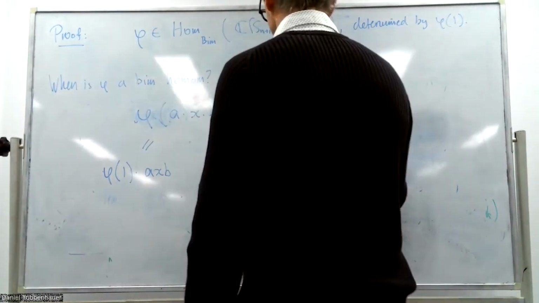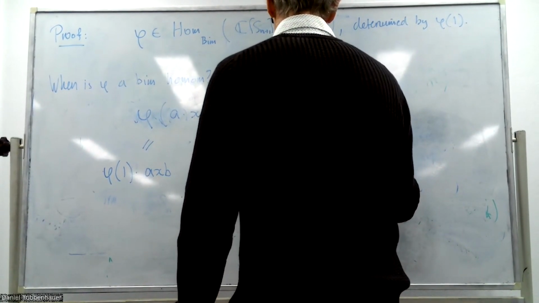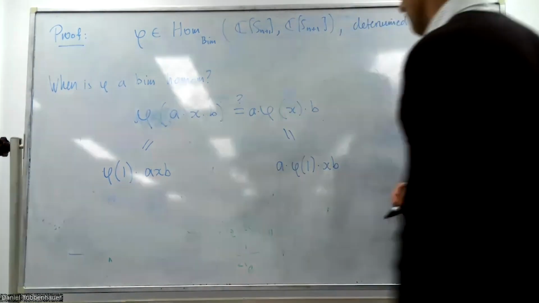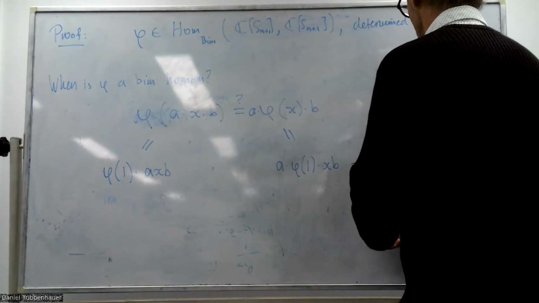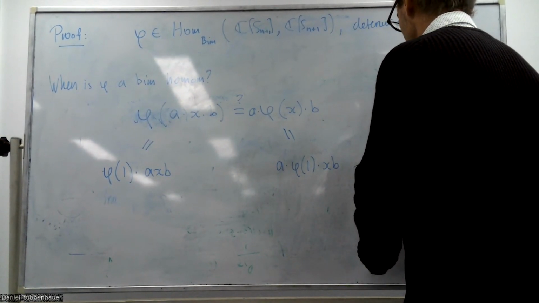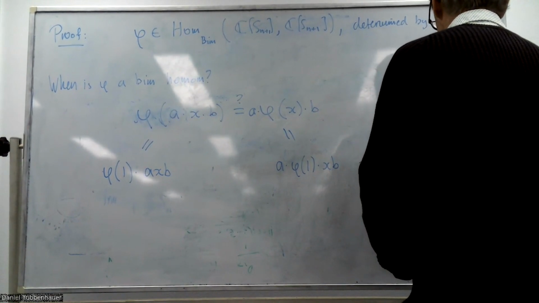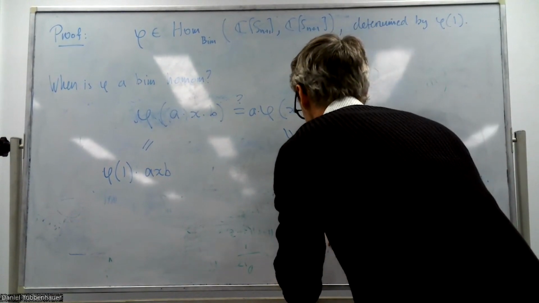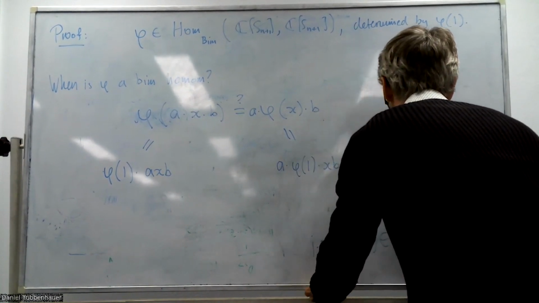And the other side is A times phi(1) · xB. Okay. So this is equal if and only if A · phi(1) equals phi(1) · A, i.e. if phi(1) is in the centralizer.